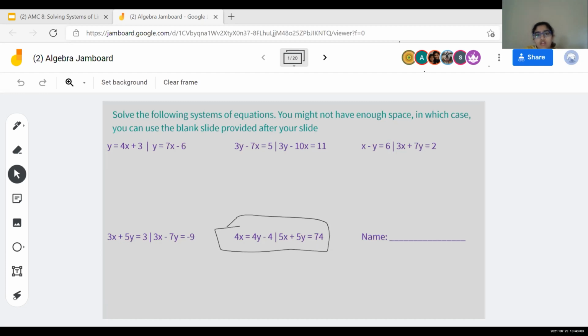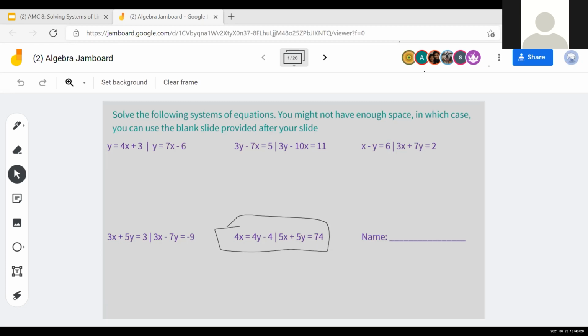Somebody said that they're having trouble with this one, so we will explain it in a minute. However, yes, it is a decimal. If you're having a small block of not knowing where to start, isolate the variable. Isolate either x or y in one of the two equations given.